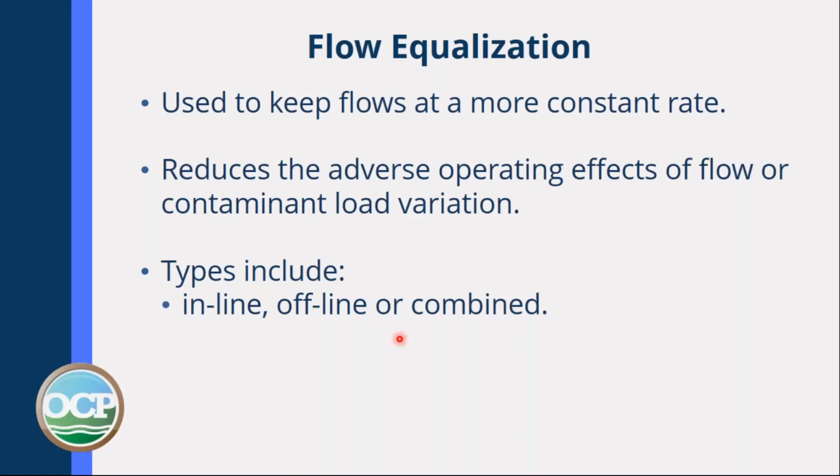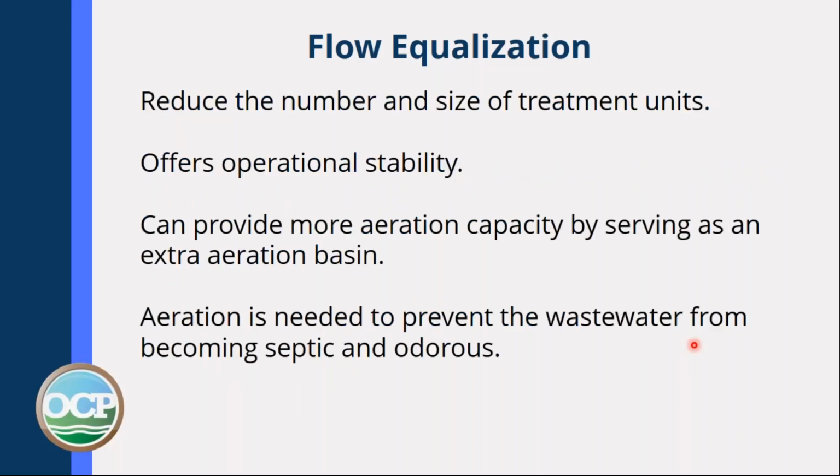And of course, there are different ways in which they can be put into the plant in series or in parallel, or a combination of those. The good thing about flow equalization is you can operate your plant in a much more stable way.